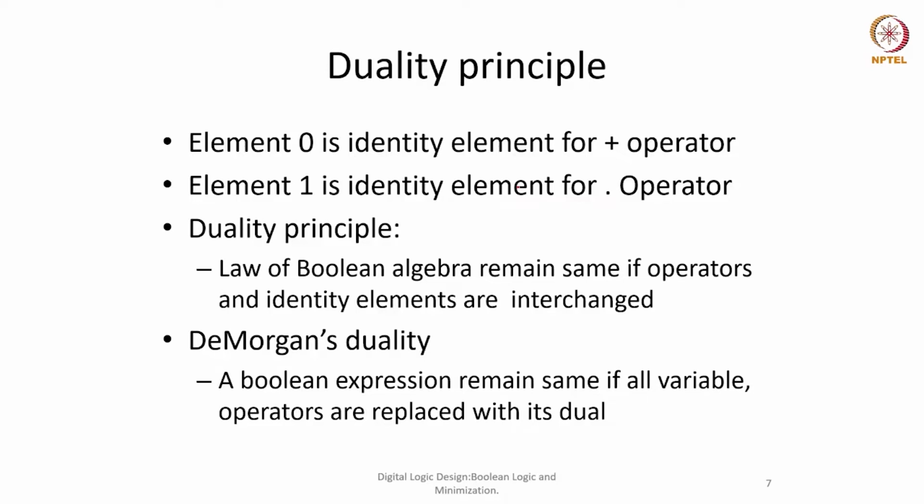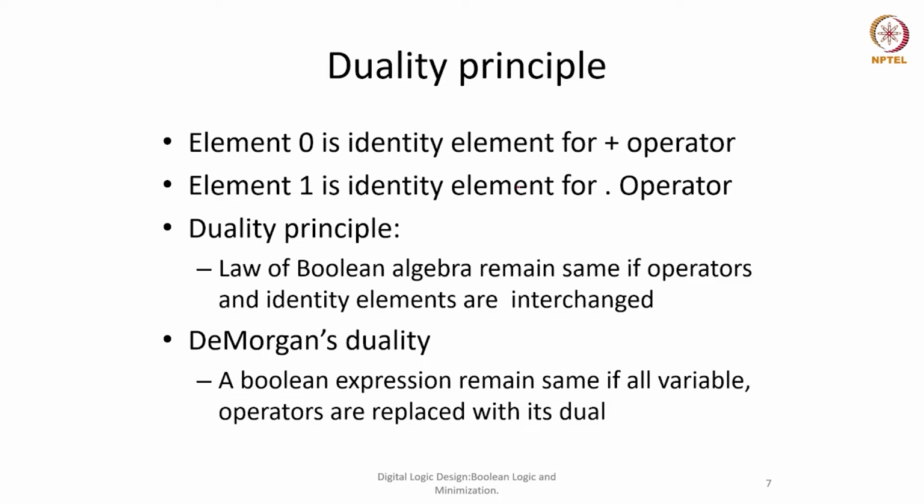So which state should we mark as 0, and which state should we mark as 1? Does it have any kind of impact? This is what the duality principle says. It says that wherever there is a 0 in a Boolean expression, we can go ahead and replace it with 1.